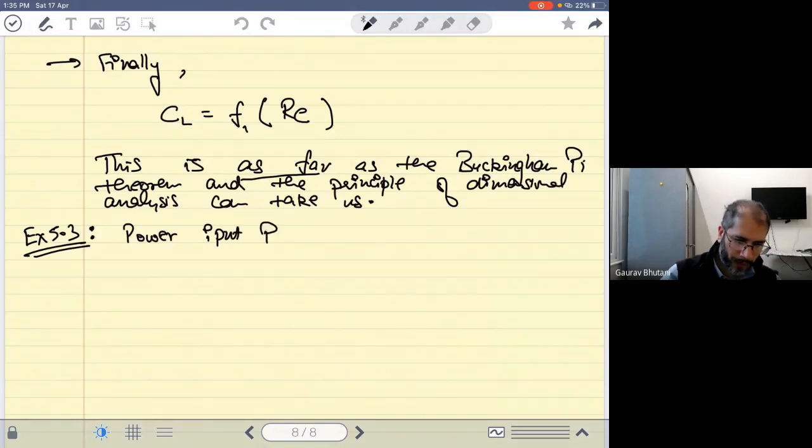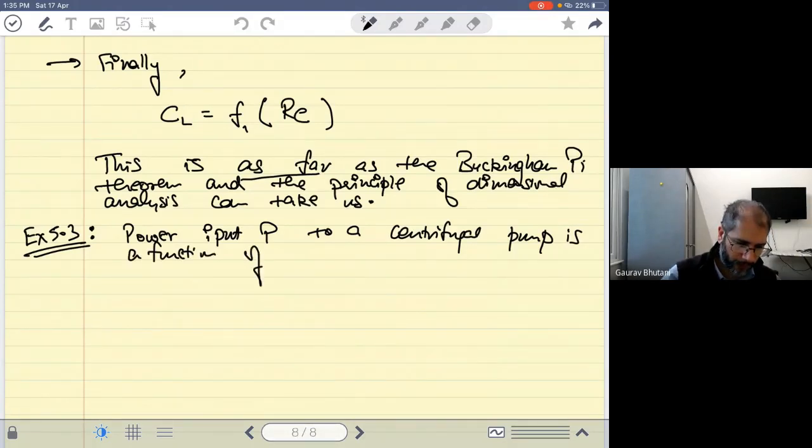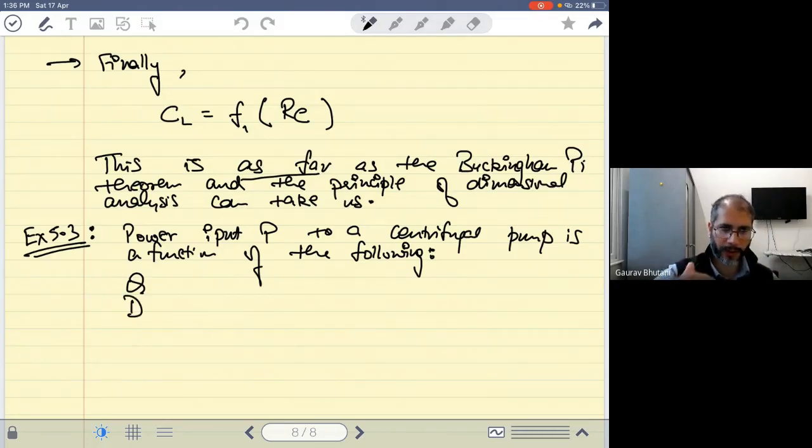So the power input P to a centrifugal pump is a function of the following. This is again coming from experience. One is the volume flow rate Q. The other is impeller diameter D. The centrifugal pump has a rotating impeller, so this is the impeller diameter.